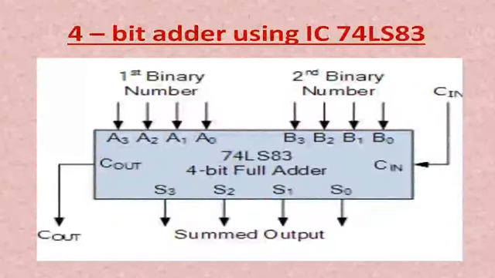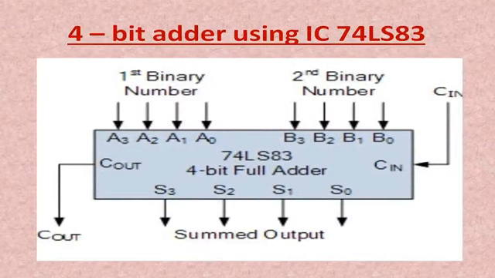As you have seen, a 4-bit binary adder consists of different blocks like half adder and full adder. But this IC 7483 is used as a 4-bit binary adder because all the blocks are fabricated in this single IC. You can see there are 4 inputs A3, A2, A1, A0 for the first binary number.